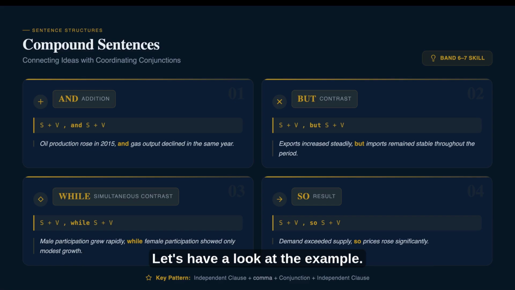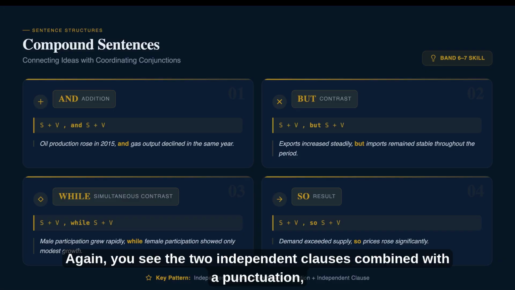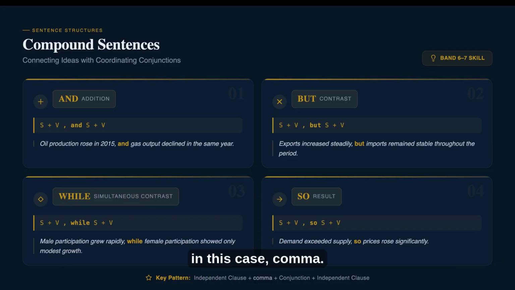Let's have a look at the example. Male participation grew rapidly, comma, while female participation showed only a modest growth. Again, you see the two independent clauses combined with a punctuation, in this case comma, and "while", right?